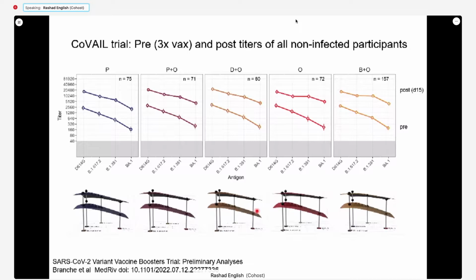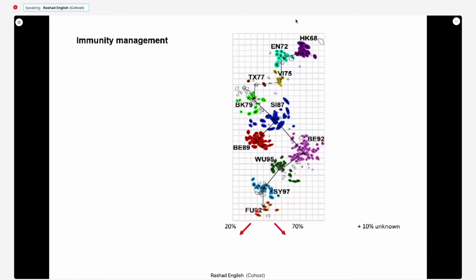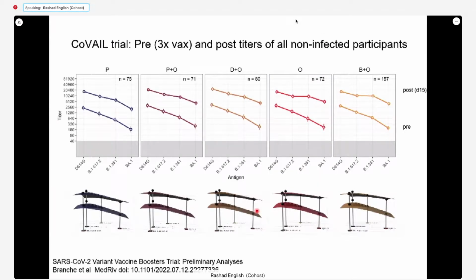These are some data from the COVAIL study with different vaccinating arms, and we see just as much of a boost against the original viruses when vaccinating with the prototype as with vaccinating with BA1. Really great work led by the folks at NIH. Chris Rippert's among them, who is here today.